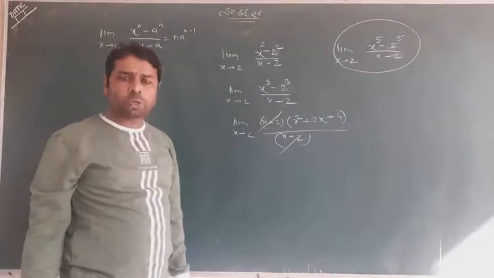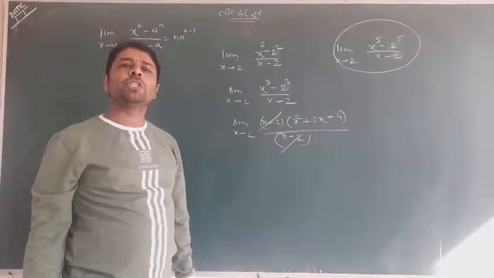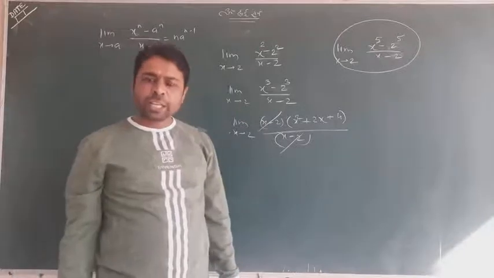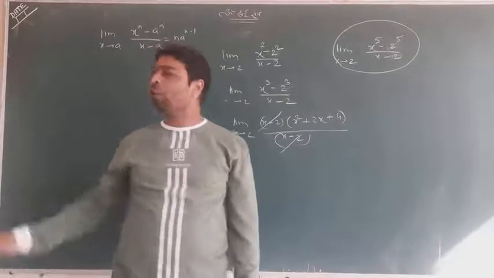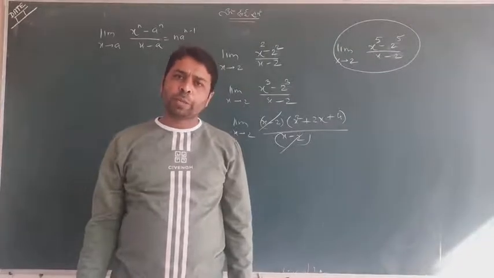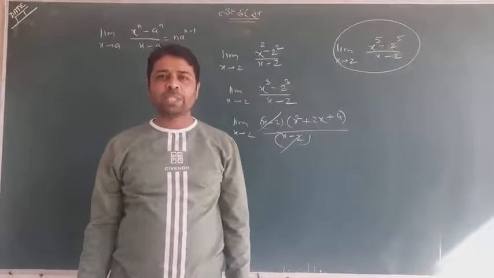This has a good derivation, but it depends on the binomial theorem, which is not in your syllabus. I didn't teach you the binomial theorem, so I cannot teach you the derivation here. Please remember the formula as it is, which I wrote here.